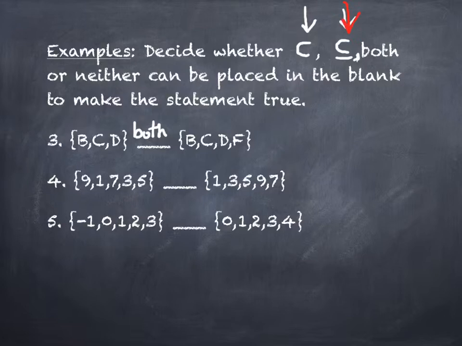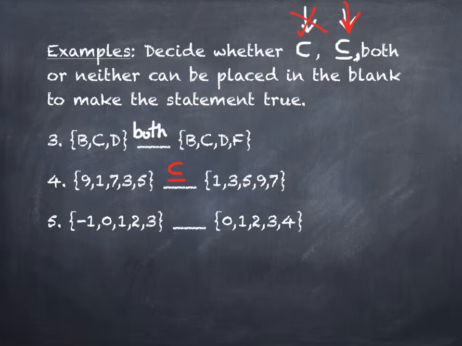We ask ourselves then, are these two sets equal? And they actually are equal. What that's telling us is that we can't use the proper subset notation, because proper subsets are only for sets that are not equal, but are subsets. So the only symbol that we can put in this blank is the subset symbol.